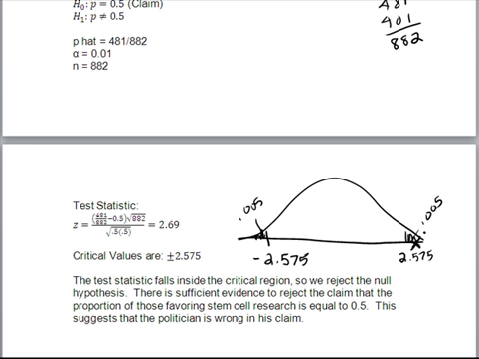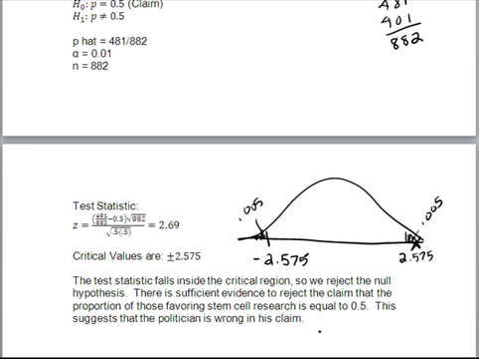So it's the third one down. It says there is sufficient evidence to warrant rejection of the claim. So I just said there is sufficient evidence to reject the claim that the proportion of those favoring stem cell research being funded by government actually is equal to 0.5. This suggests that the politician is wrong in his claim.